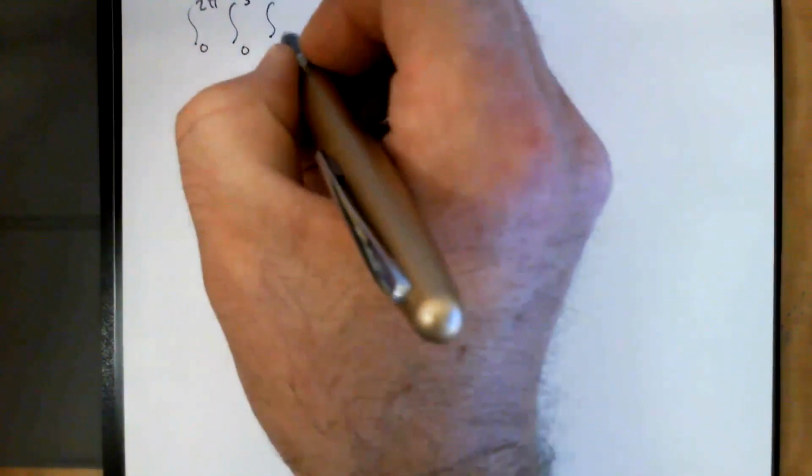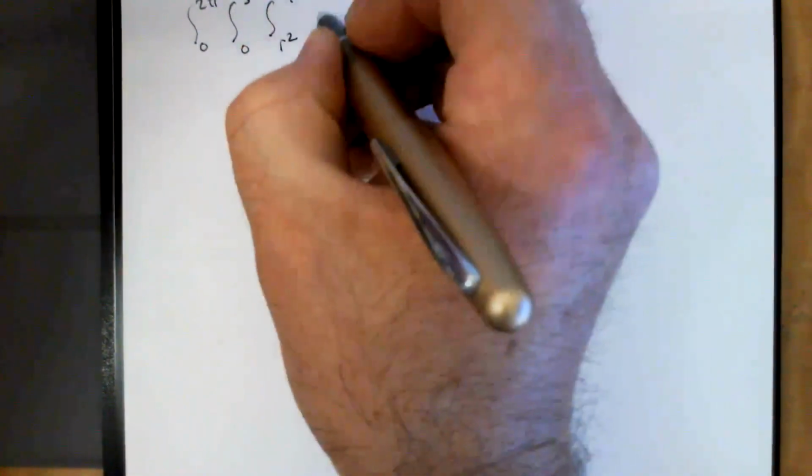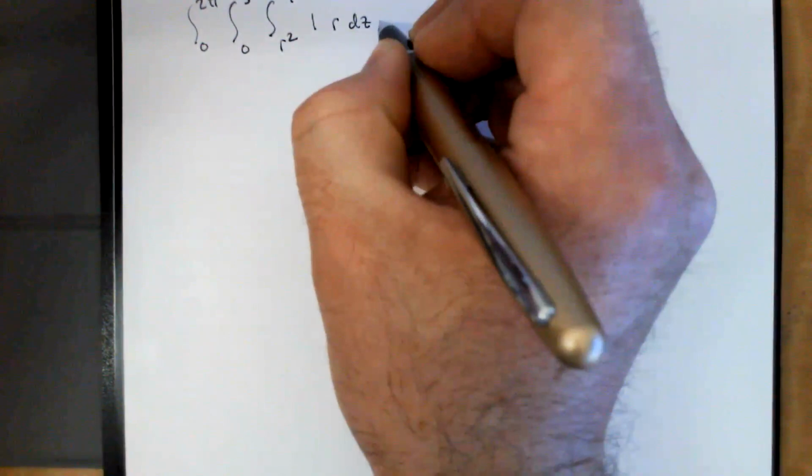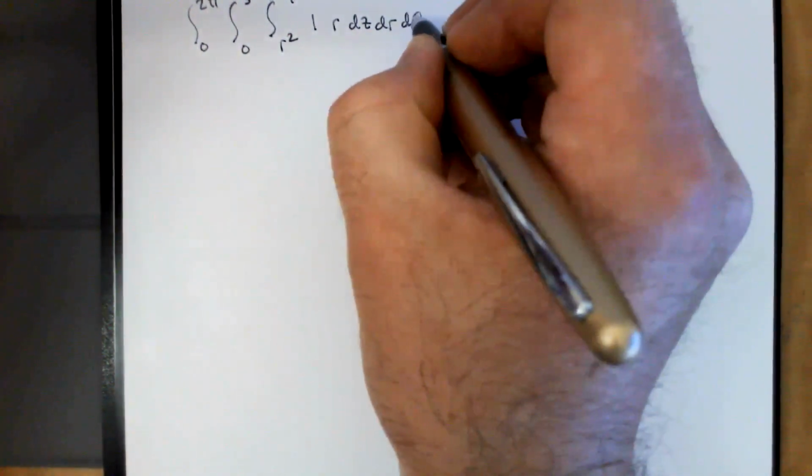I didn't give myself enough space. So we're going to integrate from 0 to 2 pi. The integral from 0 to 3. The integral from r squared to 9 of 1 r dz dr d theta.